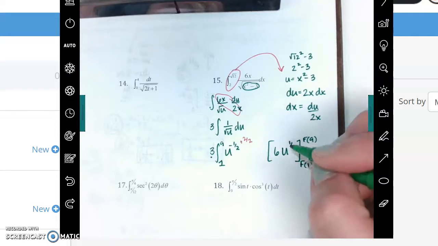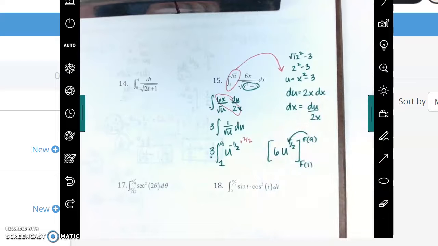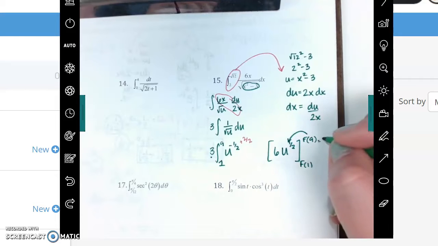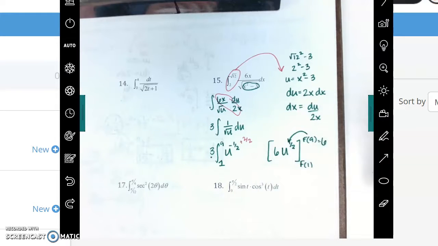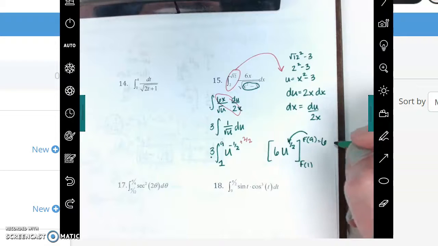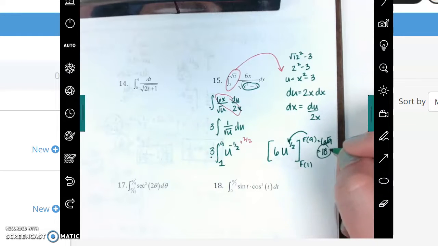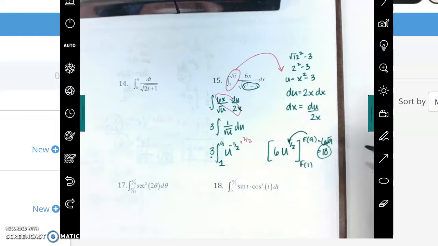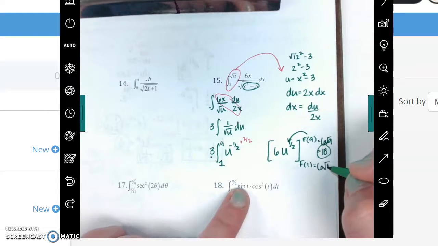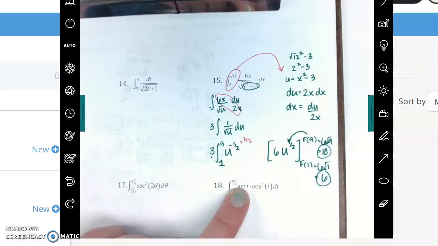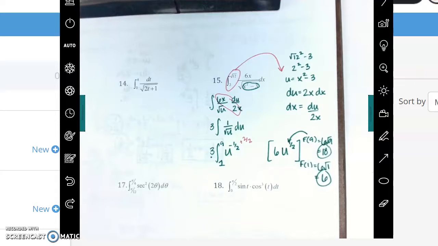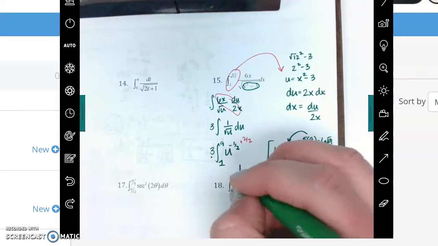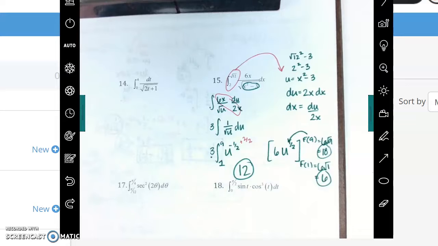When I plug in the 9, that's going to be 6 times the square root of 9, or 9 to the half. Square root of 9 is 3. 3 times 6 is 18 on top. Bottom one, plugging in a 1, you're going to have 6 times the square root of 1, which is 6. Then subtract those two. 18 minus 6 is 12. Make sense?